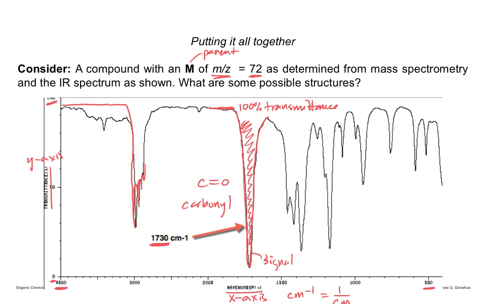So I would classify that as a strong signal, because when you draw the line over to the y-axis, we're at about something like 5 or 10% transmittance. So it goes from 100 almost down to 0, so that's pretty strong.